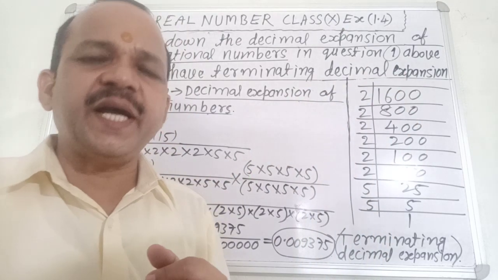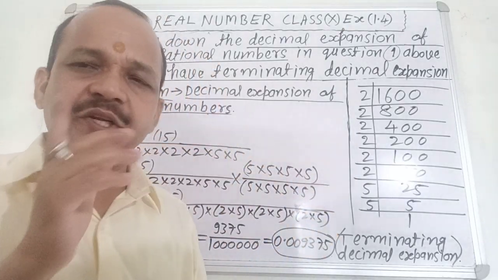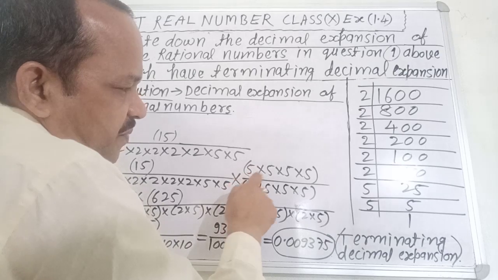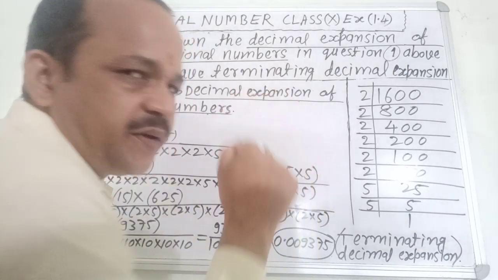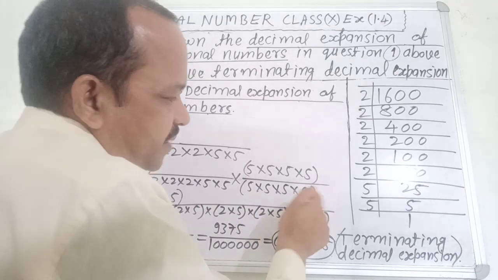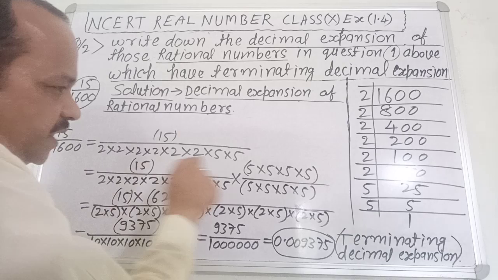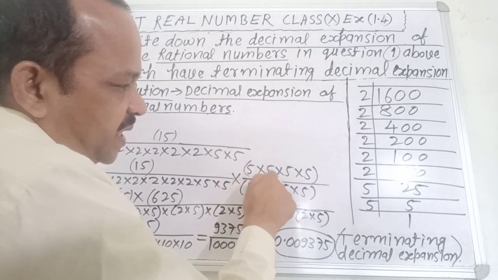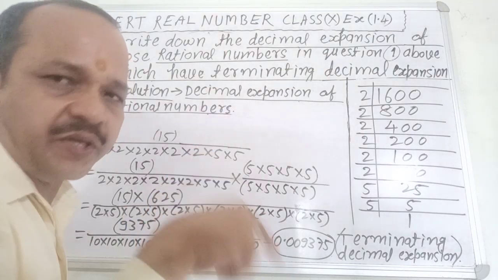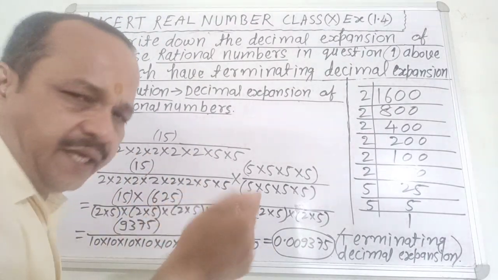So you multiply by 5 four times in numerator and four times in denominator. Here 5 times 5 times 5 times 5 equals 625, and the numerator becomes 15 times 625.